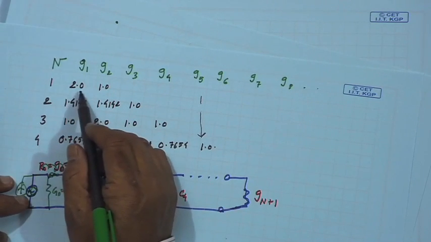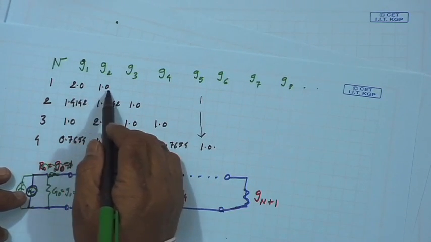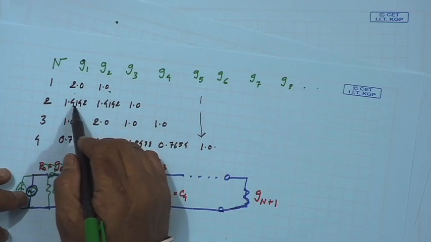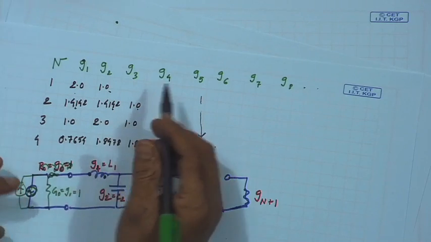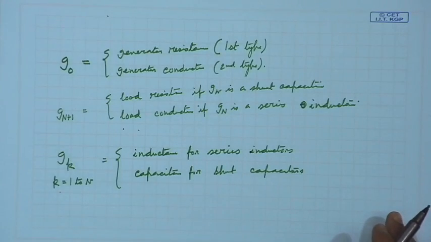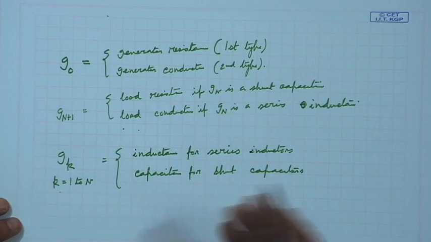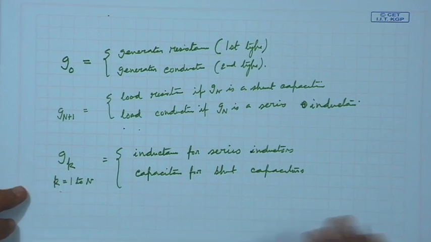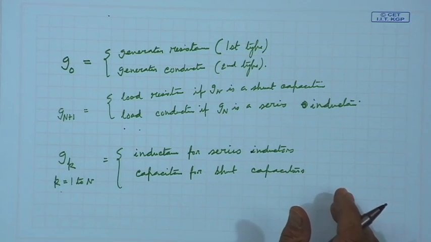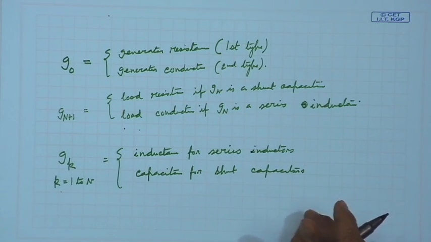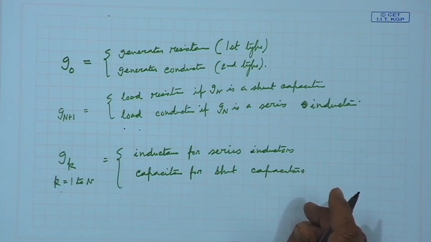Accordingly, we will choose whether it is an inductance. If it is inductance, this is capacitance. If it is capacitance, this is inductance, this is capacitance, like that. It is alternate. So, suppose you have a design where a maximally flat low pass filter is to be designed with a cutoff frequency of 8 gigahertz and a minimum attenuation of 20 dB at 11 gigahertz.